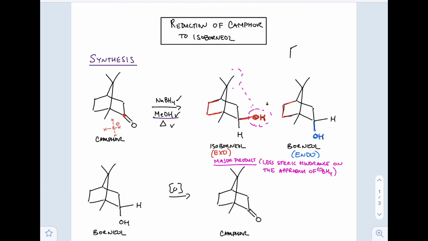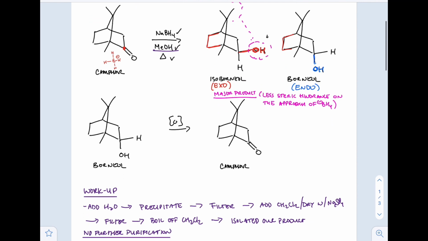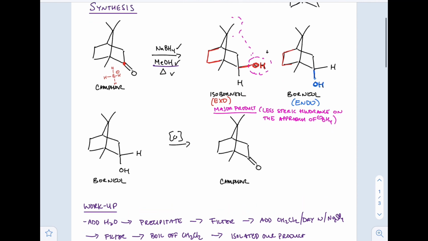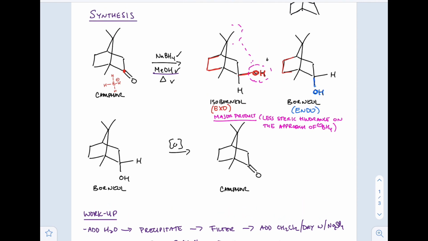So you can also have this one right here, where the methyl is actually on the other side, and then the OH is also on that same side. So they are non-superimposable mirror images, so they're enantiomers. But don't worry about that aspect of it. Just know that when I mention racemic, it's because there's two enantiomers of that isoborneol. Okay, I think that should be sufficient.